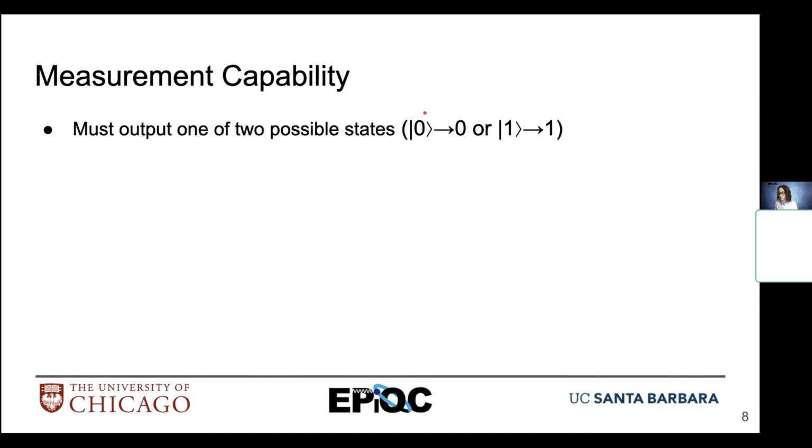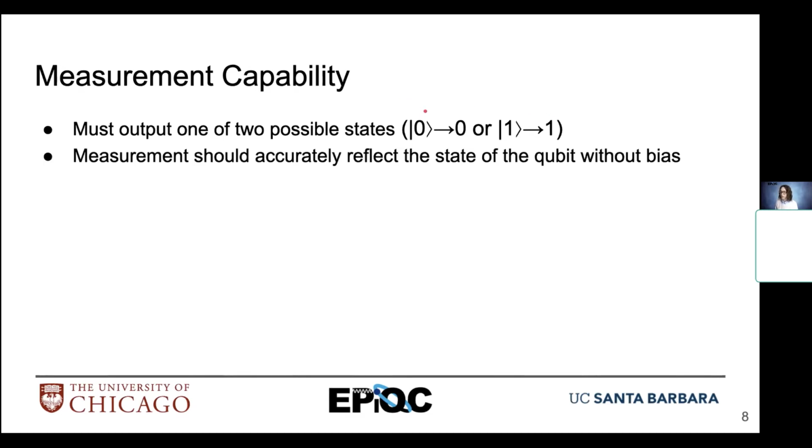So something very important to remember. Measurement needs to be able to accurately reflect that current value of that quantum state, and it shouldn't bias it in one way or another. So what does that mean exactly? Let's take a state that's in perfect superposition.